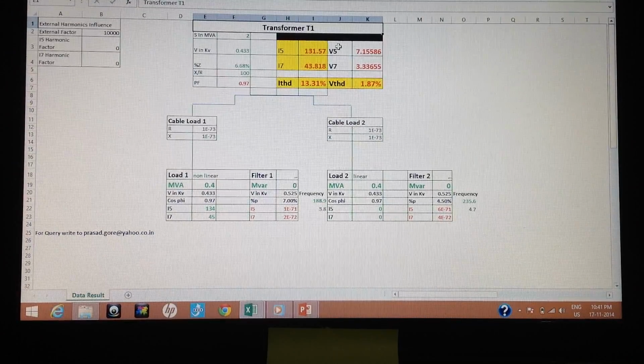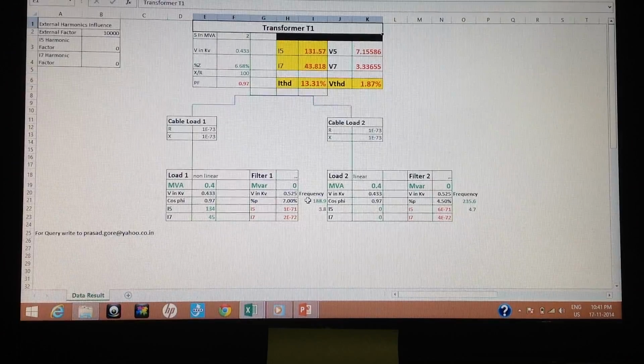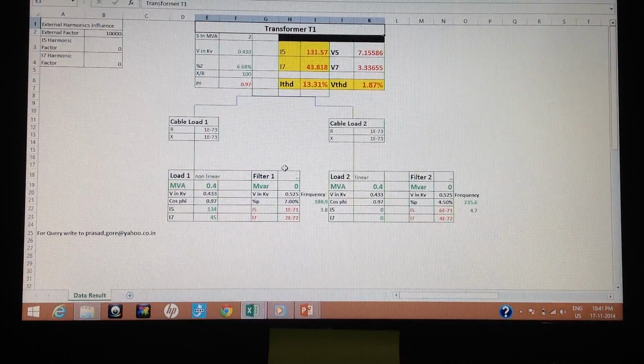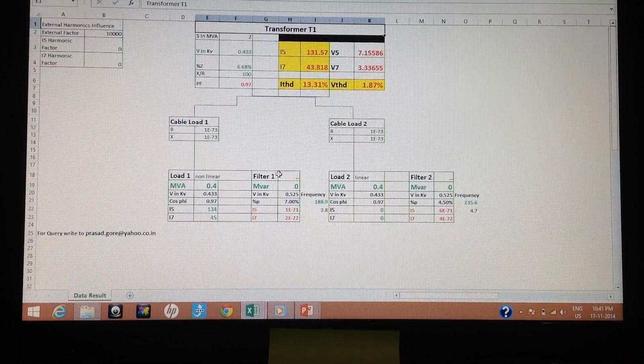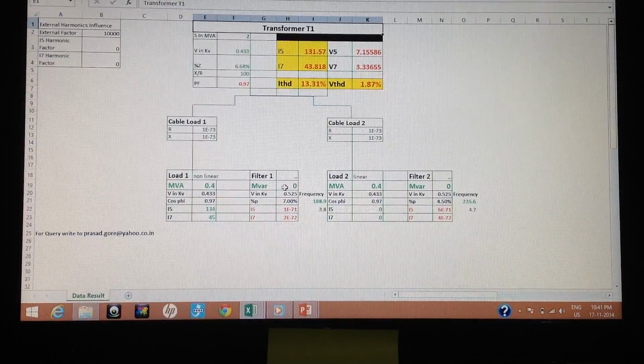Now I'll simulate some situations: what happens when we put in a 7% harmonic filter, what happens when we put in a 4.5 or 235 Hz frequency filter, and what happens when we use single tuned harmonic filters for multiple frequencies. Now let's start the simulation.